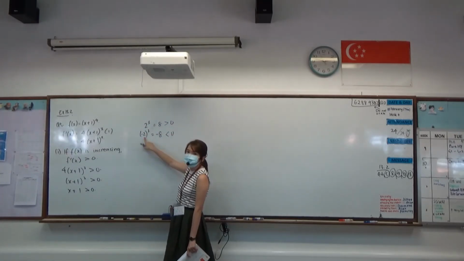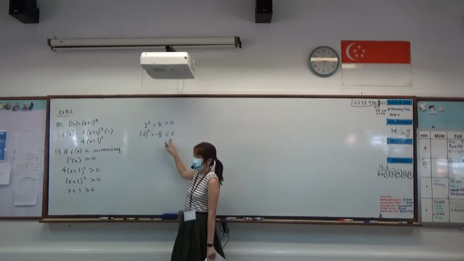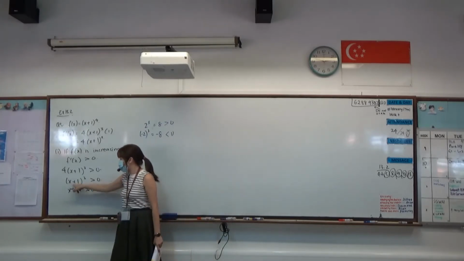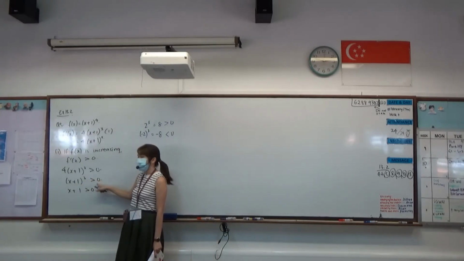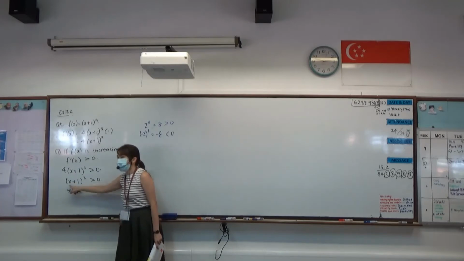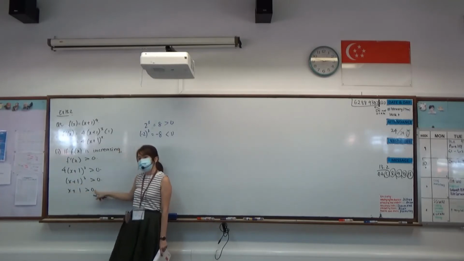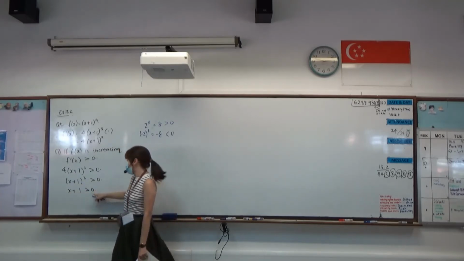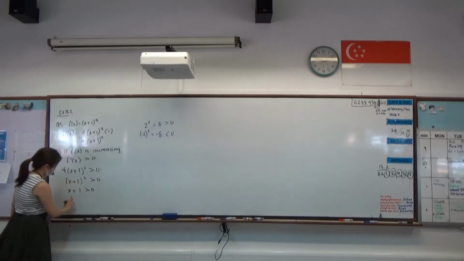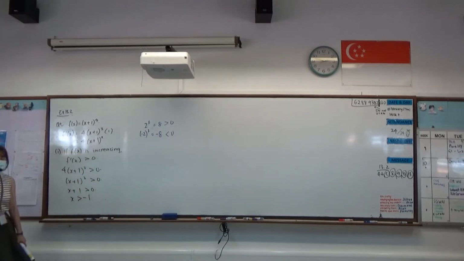If the base itself is negative, then the whole thing will be negative. So in this case, our base to the power of 3, in order to be positive, our x+1, the base, must actually be a positive number, right? So that means that x must be more than negative 1 in order for f(x) to be increasing.